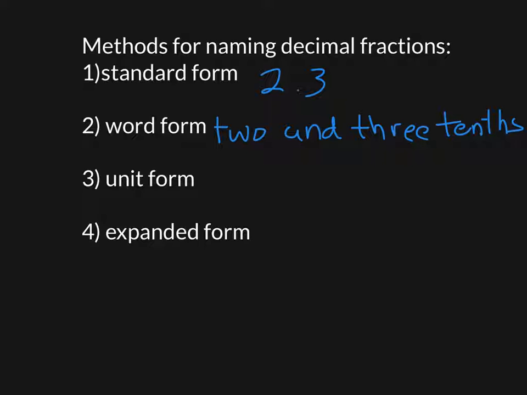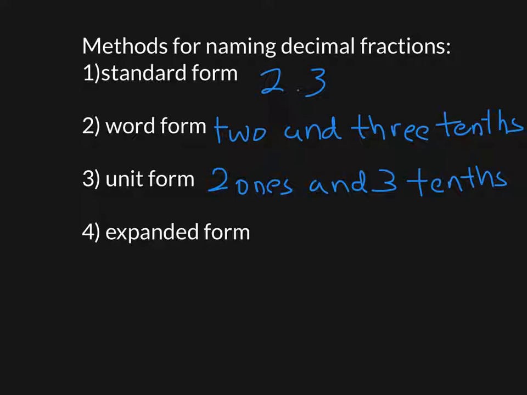Unit form means that we're naming the units. Usually when we use the unit form, we use a number, so we could say 2 ones and 3 tenths.